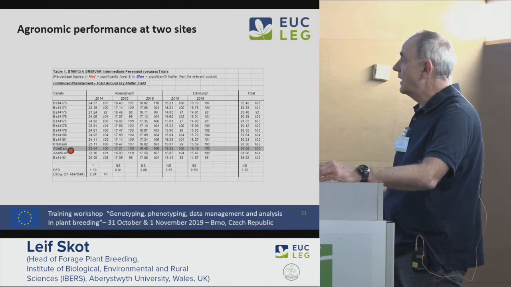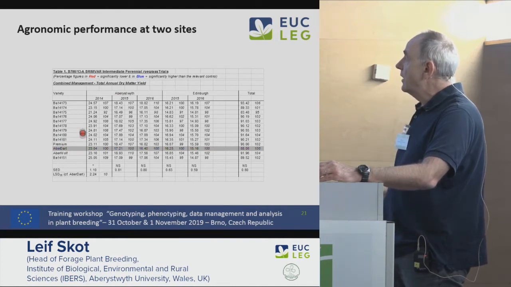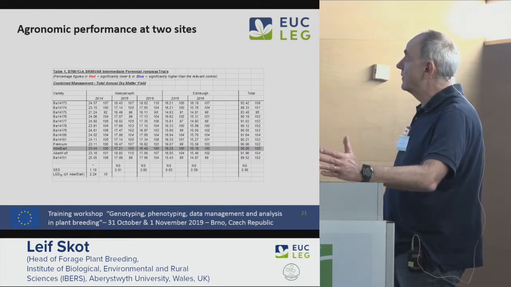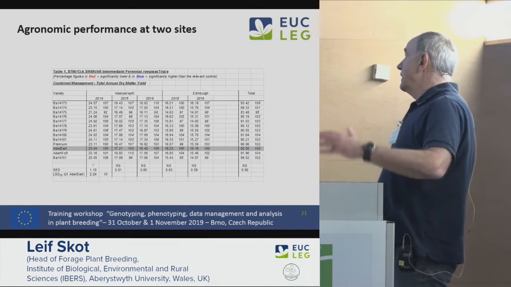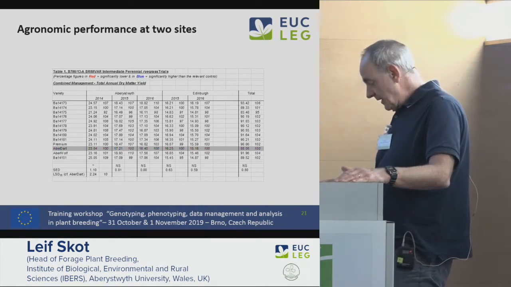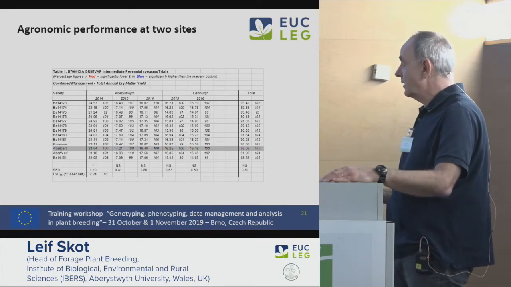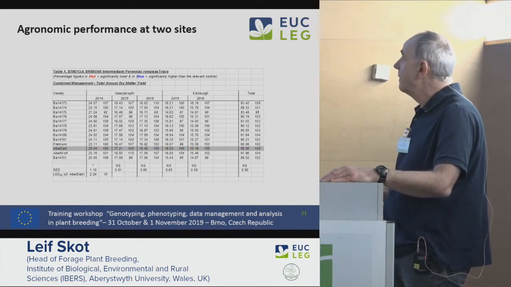control varieties. And then you have the list of these synthetic populations, and there's no big difference in terms of dry matter yield. They still perform well and comparable to commercial varieties.